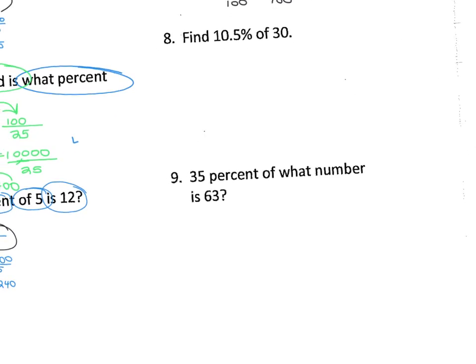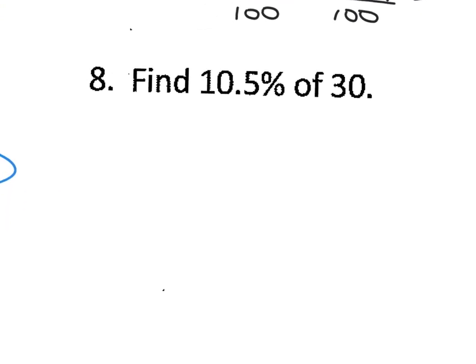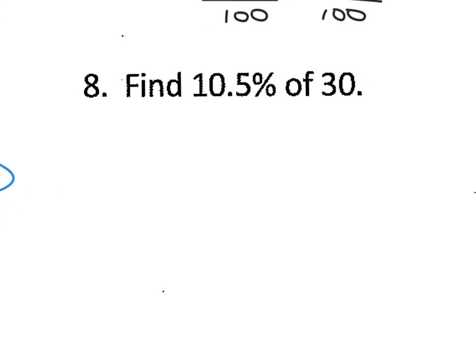All right, last one for the day. Find 10.5% of 30. So what number is 10.5% of 30? So first thing, percent out of 100 equals is over of, or part out of our total equals the part out of our total.